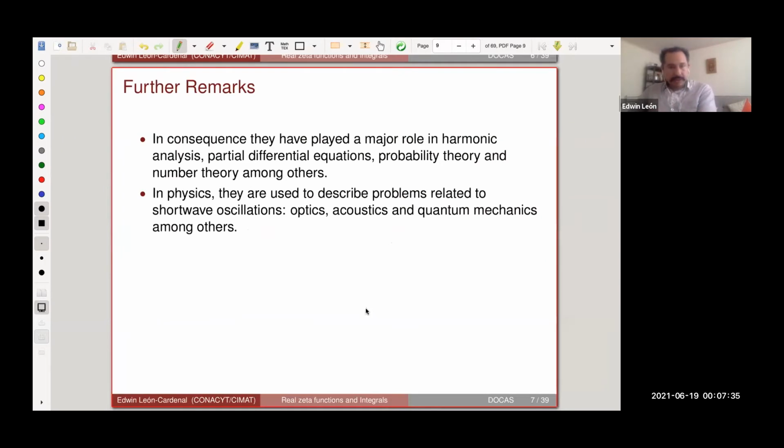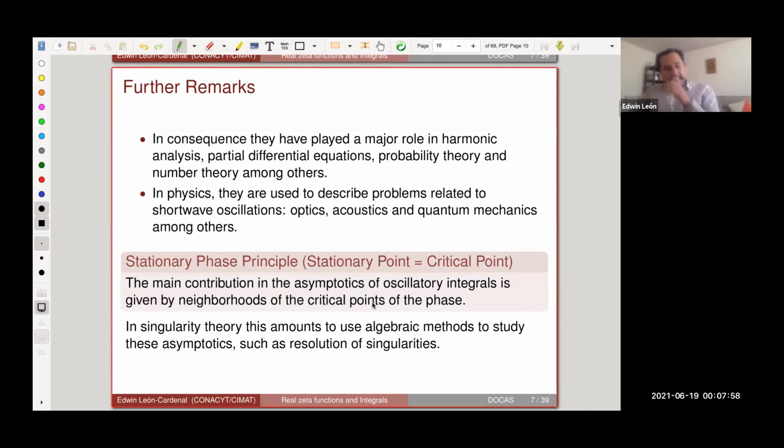So this topic is really important in harmonic analysis, in partial differential equations, probability theory, and number theory, among other things. In physics, they are used to describe problems related to short-wave oscillations, some problems coming from optics, acoustics, quantum mechanics, and so on. And the main thing here is what is called the stationary phase principle.